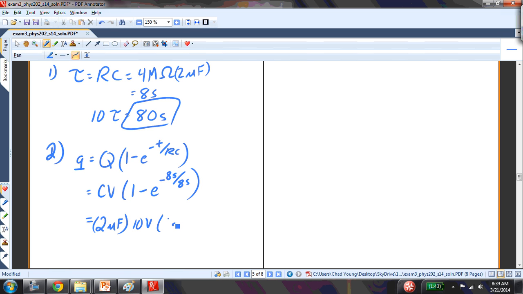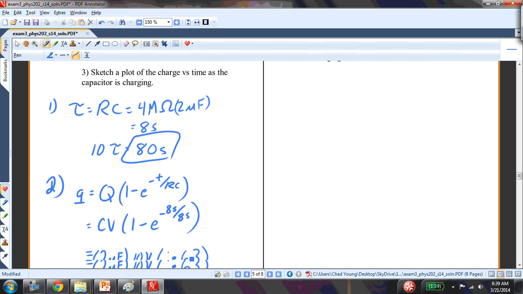This is what, 0.63, I think. Yeah, 0.63. So that's 20 times 0.63. You get 12.6. We'll just call it 13 microcoulombs. So that's the charge after 8 seconds.